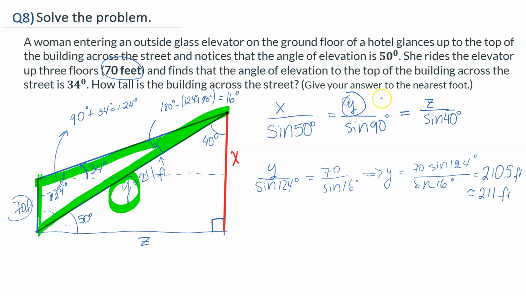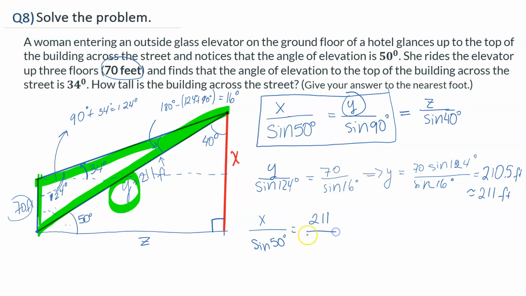And we can substitute it in this expression we derived earlier to find x. X over sine of 50 degrees is equal to y, 211, divided by sine of 90 degrees, the angle opposite to side y. From here, x is equal to 211 times sine 50 degrees divided by sine of 90 degrees.